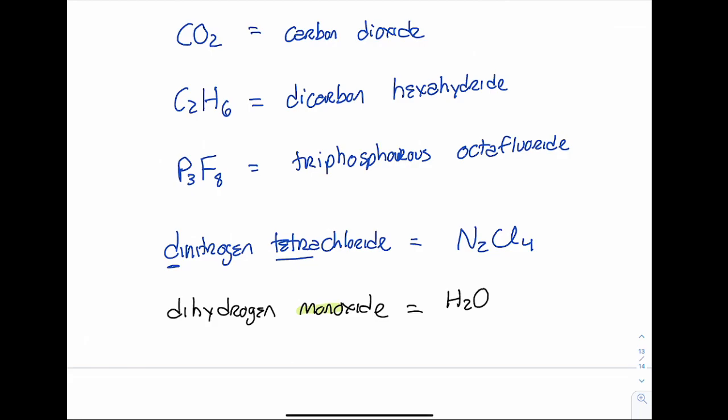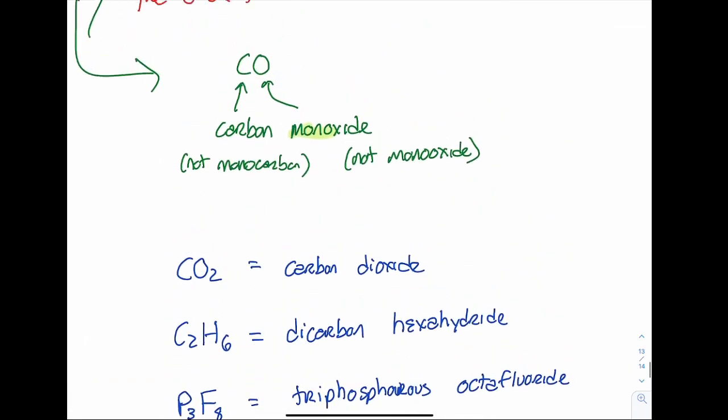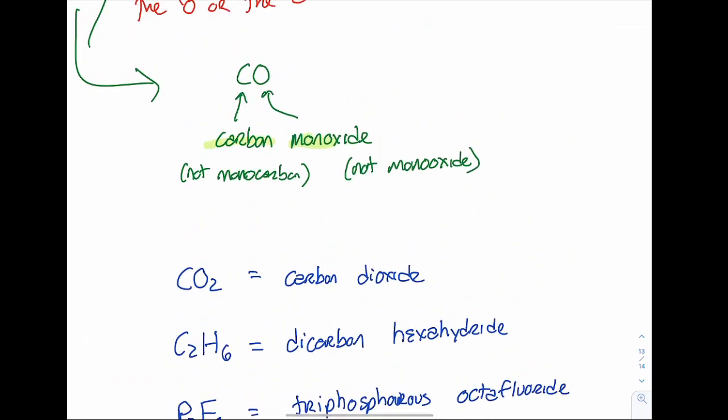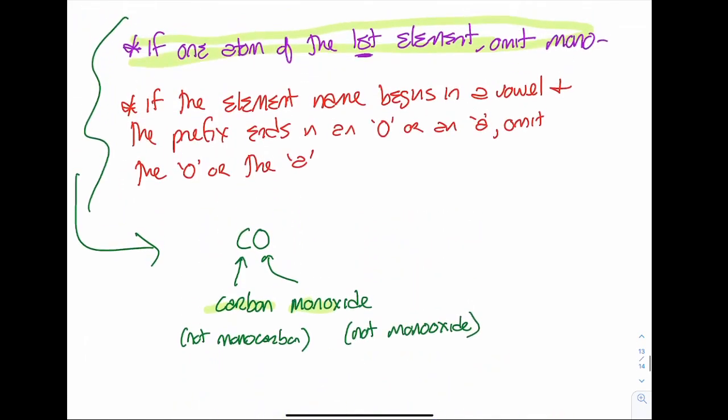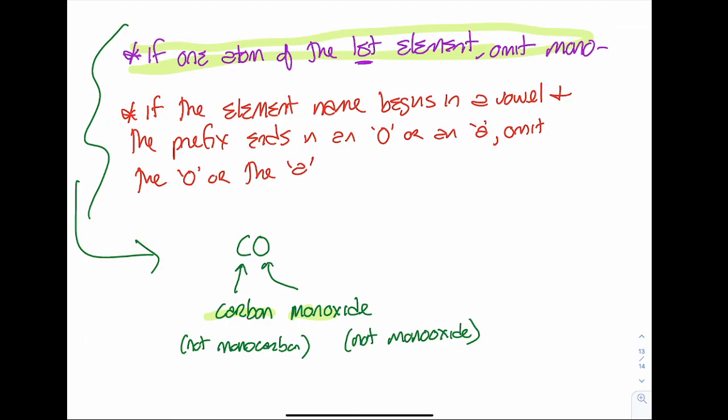I had one of the second, so I kept it there. But in carbon monoxide and carbon dioxide, I didn't put it with the first one. And again, it's monoxide, not mono-oxide. Usually if it sounds pretty funny, there's a possibility that it's wrong. It sounds better when it's right, which I know is weird when you're learning, but your gut would tell you that monoxide is correct.